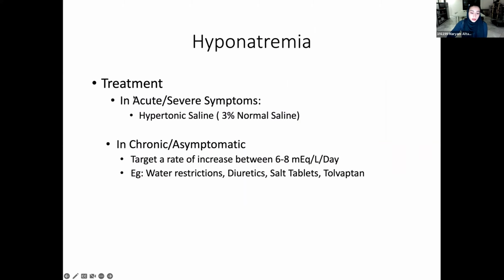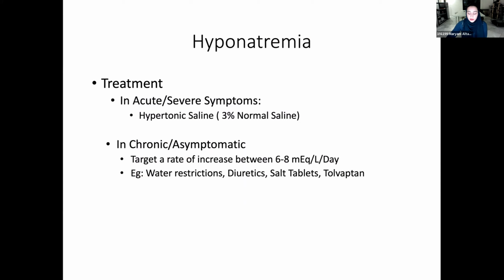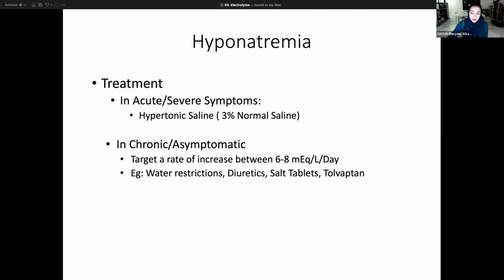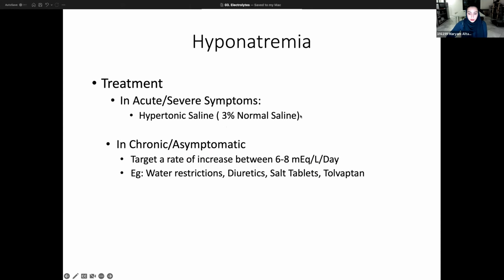So treatment in acute or severe symptoms, and keep in mind, acute or severe, you don't want to treat everyone with hyponatremia. Because, for example, if the patient is hyponatremic because of diuretics, okay, we can wean off the diuretics a bit, or we can replace it with another diuretic. But because of the risk of osmotic demyelination, you want to be very cautious and sparing with your use of hypertonic saline or 3% normal saline, which is the treatment, right?